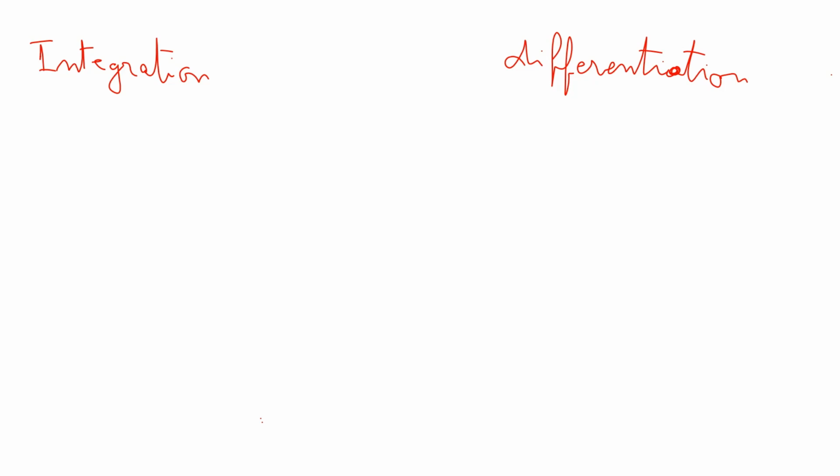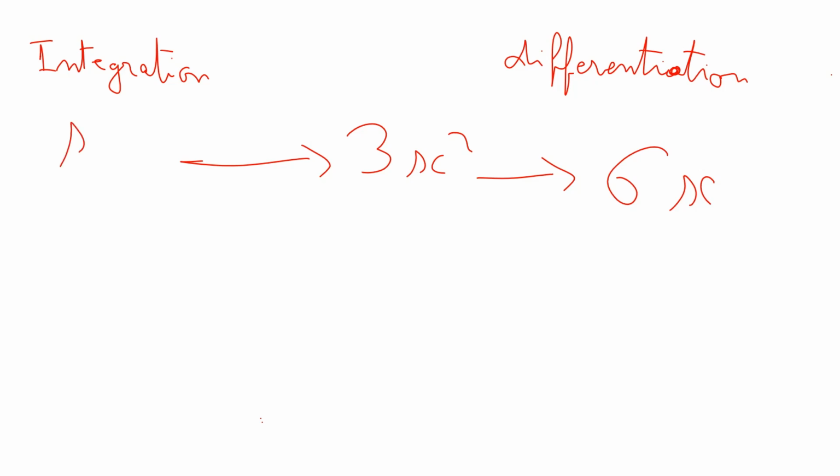You can also see the relationship between integration and differentiation as going to the future or going back to the past. So let's say we have the function 3x squared. If I were to differentiate this equation, we'll end up with 6x. But if I were to integrate this function, we'll end up with x cubed.